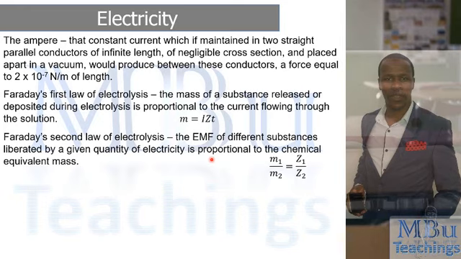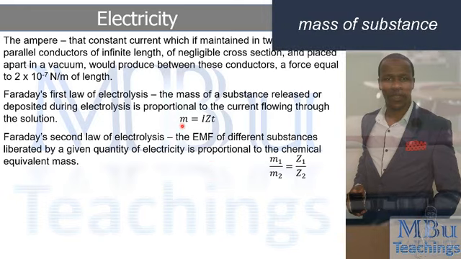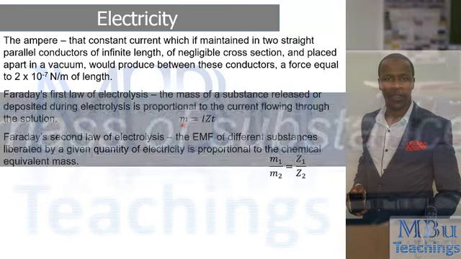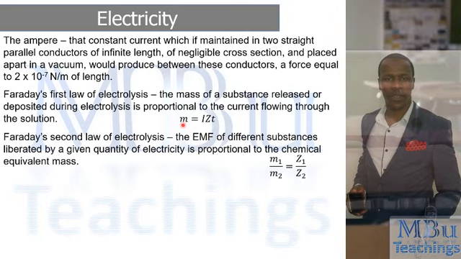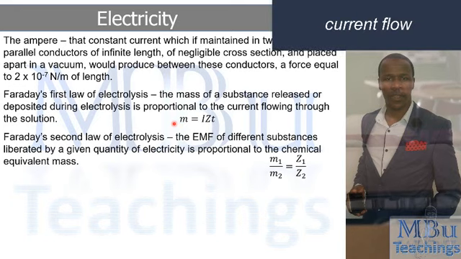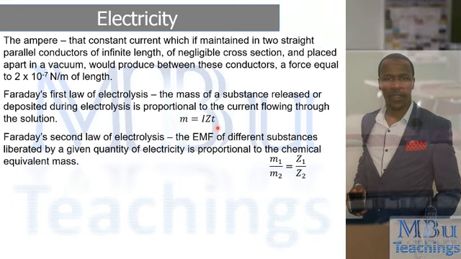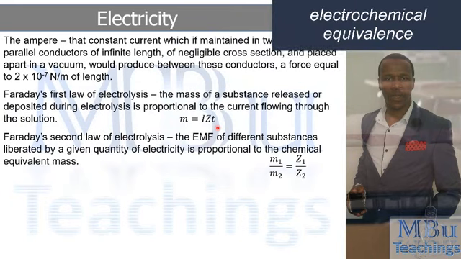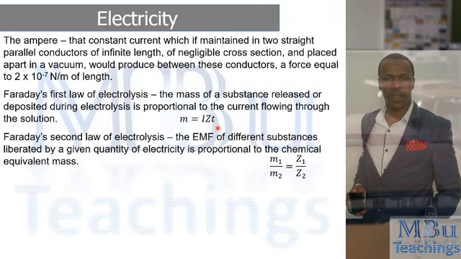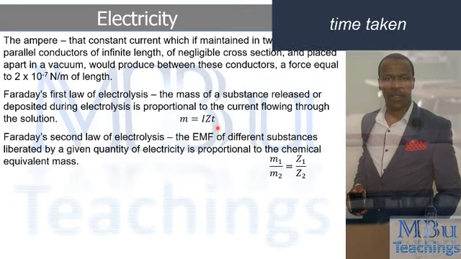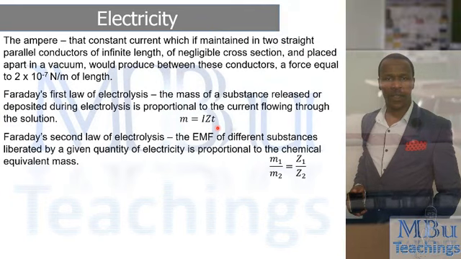Okay, we have a lot of things we need to talk about. We have M, which stands for the mass. Then we have I, which hasn't changed. I is always the flow of current. We have Z, which is the electrochemical equivalent. Then we have T, which is the time taken.